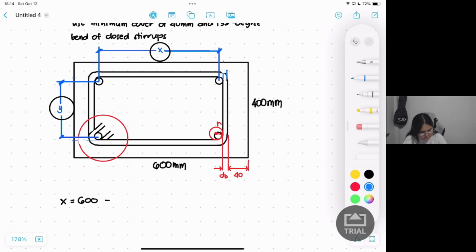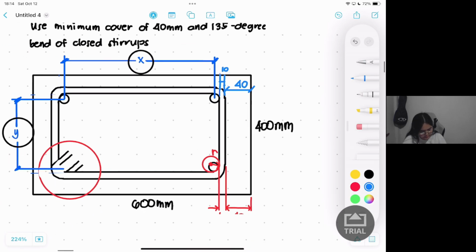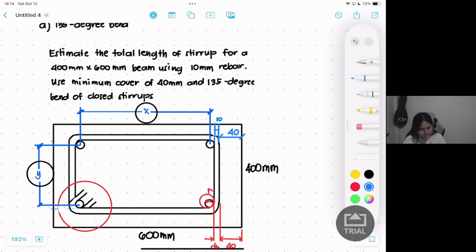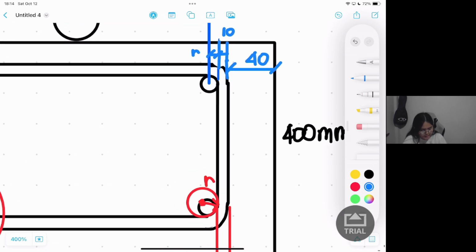eto siya, subtract nyo ito, yung concrete cover na 40, and then, diameter of bar na 10 yung given na, and then itong naiiwan dito na last, yan yung radius ng bend natin.